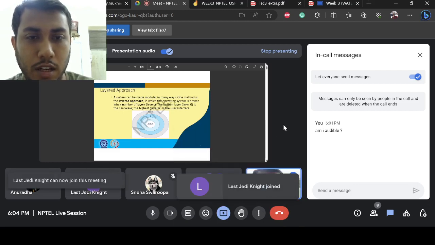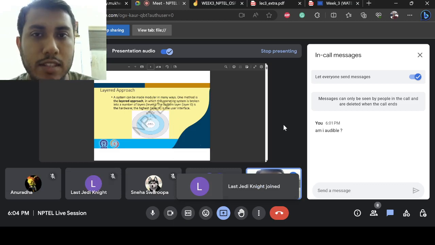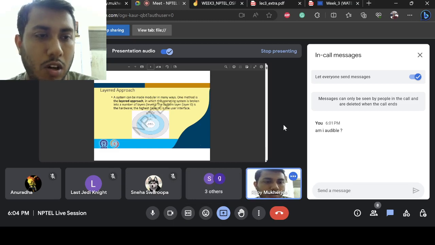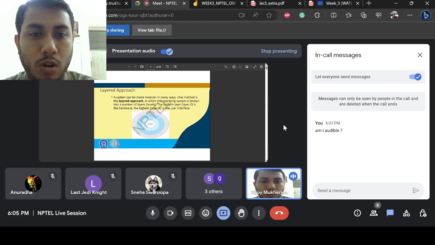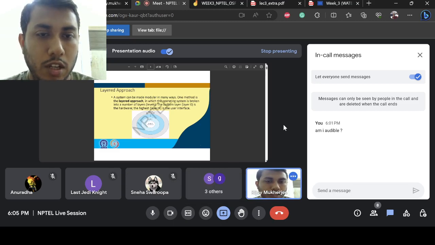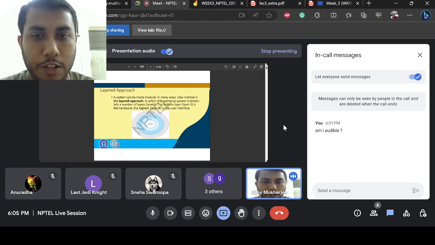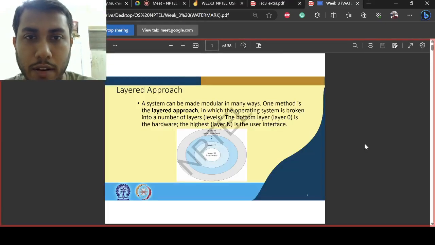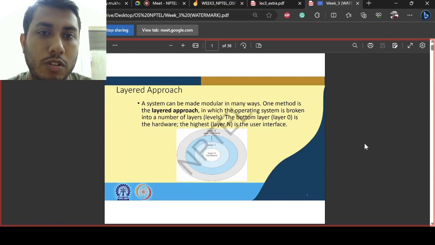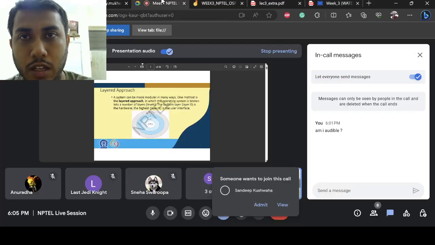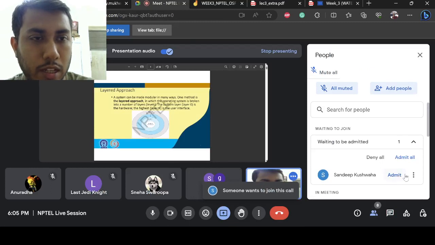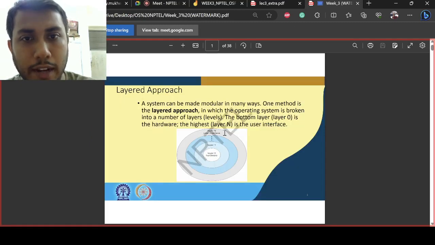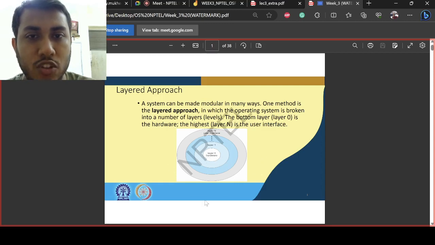So how does this modular approach help? It helps in the sense that while you are debugging, or you want to run a code, only a small part of the code can be executed. So your focus can be on a particular part. Each module will have a particular function and it will just operate on it. A layered approach is similar, where layer 0 is your hardware and layer n is your user interface.